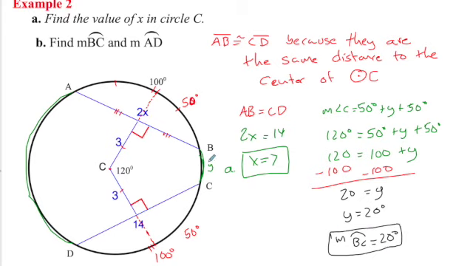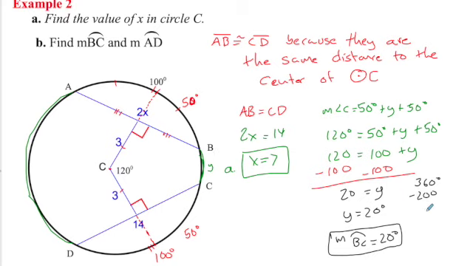All right, now we're going to find out this other one, and we could probably do the same thing, but I might just go and just complete the whole circle here. So I know the whole circle is 360 degrees, so I'm just going to go 360 degrees, minus these two arcs, this one here and that one here, which is 200 degrees.